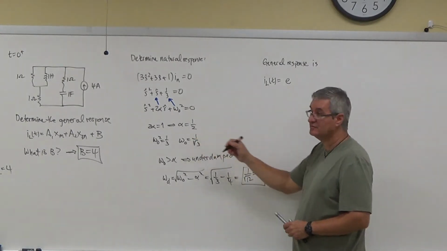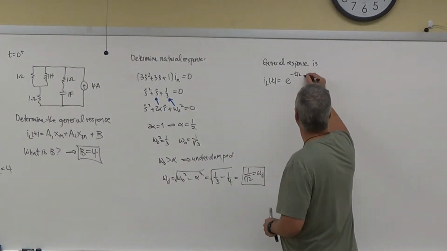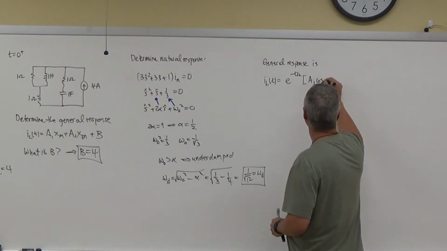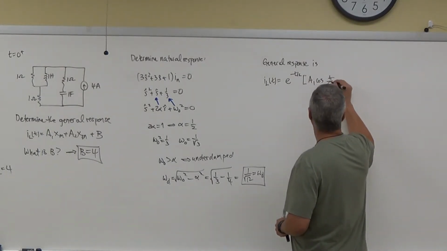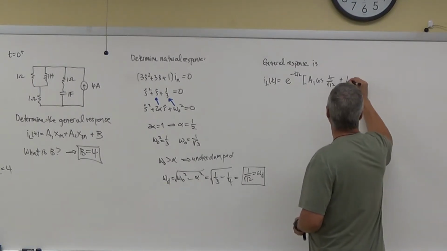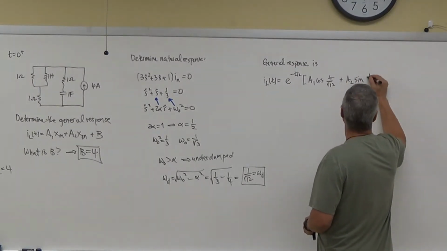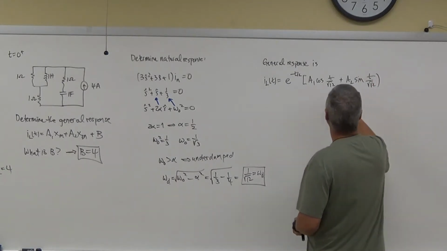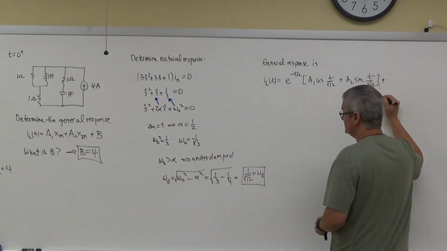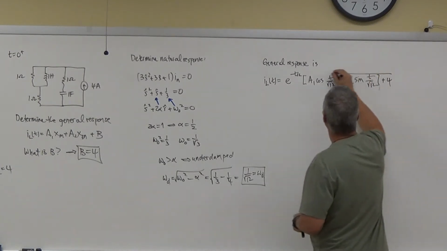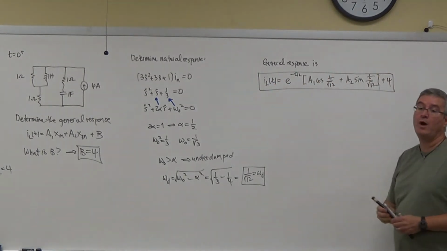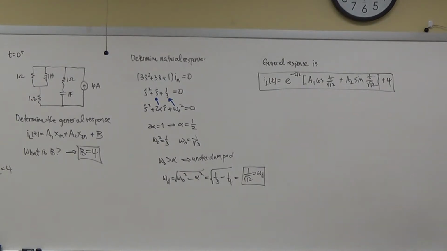Alpha here is a half, so it's e to the minus t over 2, times the quantity A1 cosine t over the square root of 12 plus A2 sine t over the square root of 12, plus the quantity 4. By the way, one of the biggest errors I saw when helping people with the problems is that they didn't include B. If you don't include B, then your A1 and A2 get screwed up.